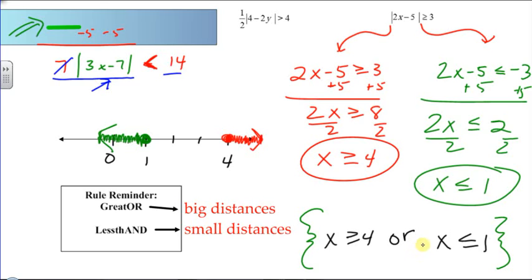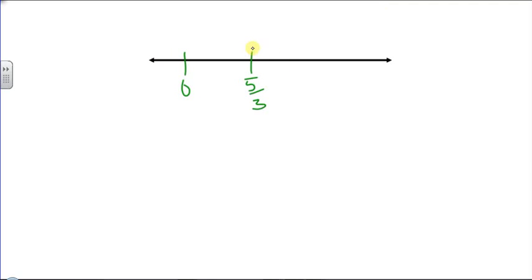But I want to just jump back and take a look. I'm going to move to the next screen. I'm going to take a look at what happens if we had it shaded in the middle, and I'll try to remember what numbers we were working with. We had a number line that was actually shaded in the middle of two numbers. I think it was a 0 here, and we had a 5/3 with an open circle, and we had a 3 with an open circle, and we were shaded here.